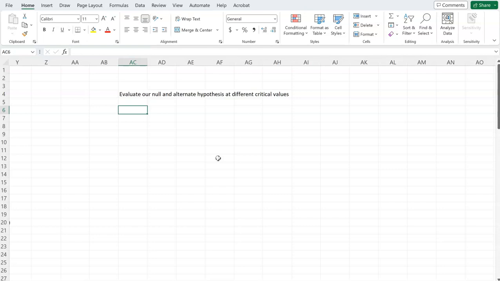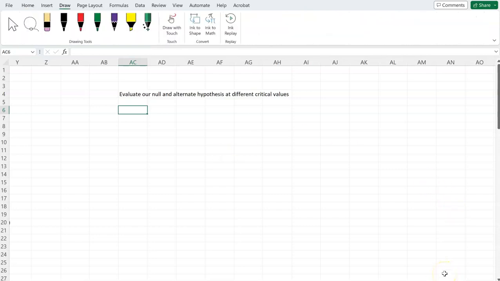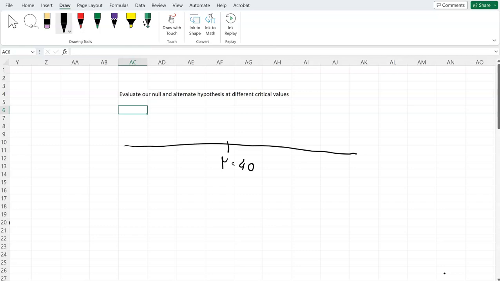We talked about finding the 95% confidence interval, or alpha is 5% critical value, where if you have a number, let's say mu equals 40, then we test if some sample, let's say I have a sample where the x bar equals 33, is this sample actually from a population with this mean, or has the population mean changed?